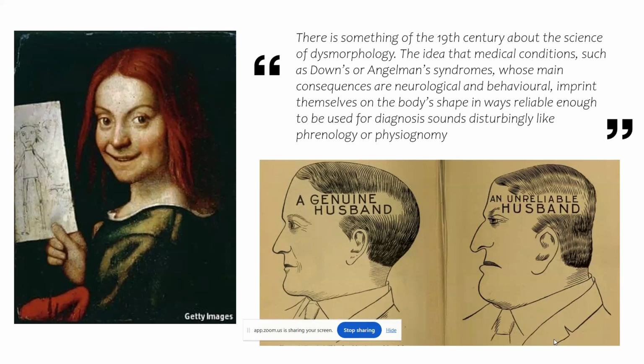After that came the concept of dysmorphology, that is identifying the physical traits of a disease that can be the only feature of that particular disease. The oldest genetic disorders which were described were Down syndrome and Angelman syndrome. This was a painting of an Angelman syndrome patient who had a very happy demeanor. So that was a representation. The history goes a long way, and we'll discuss that as well.